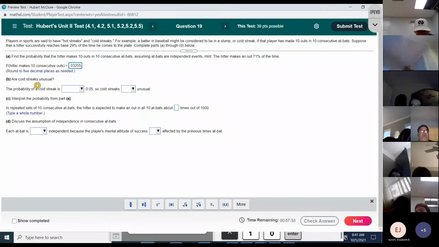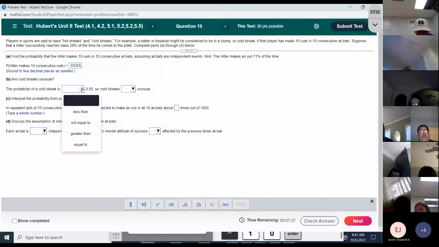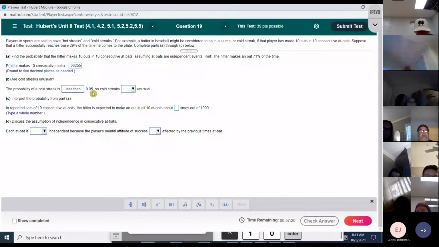Are cold streaks unusual? Probability of a cold streak, well, it looks like to me it's less than 0.05. Anything less than 0.05 is going to be unusual. Part A says this is 0.03.